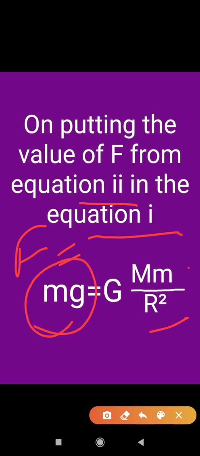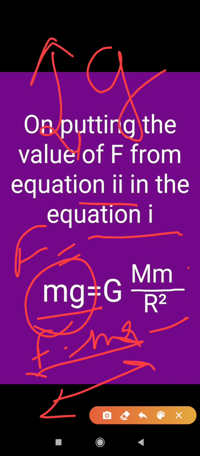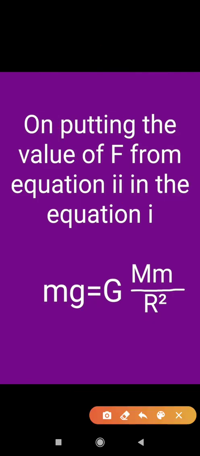Here instead of F we place mg or ma, whatever we like. If it is linear it will be F is equal to ma, and if the body is moving vertically, then we can say g, because a body is falling from somewhere on top towards the center of the earth. That is why we consider it g.